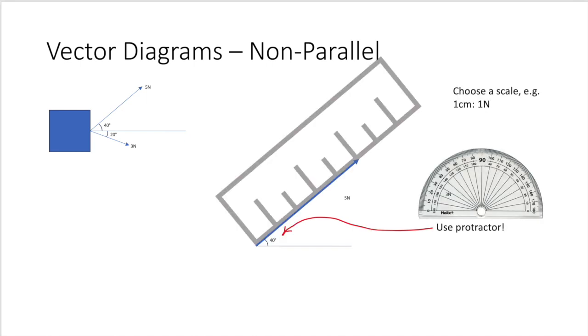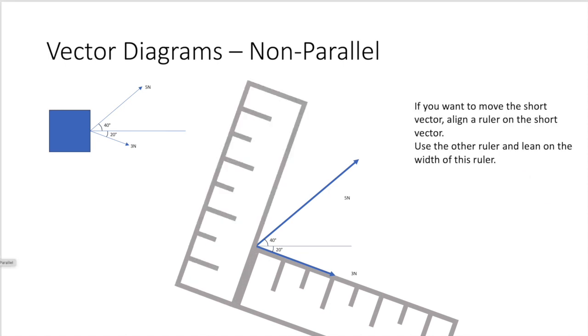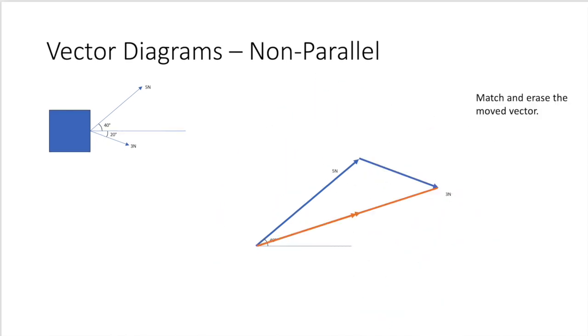So choose the scale, then draw the arrows in the right direction, and you can slowly add them up. In the previous video, it said that vectors can be moved around. You can join one arrow to another arrow, then you can see the resultant force, which is commonly drawn with double arrows. So if you are not familiar with drawing a parallelogram, here is how you do it.